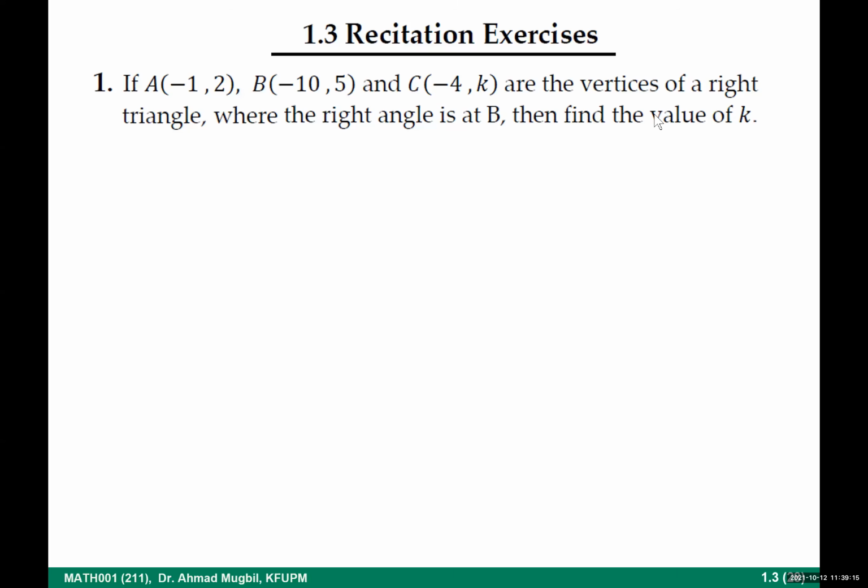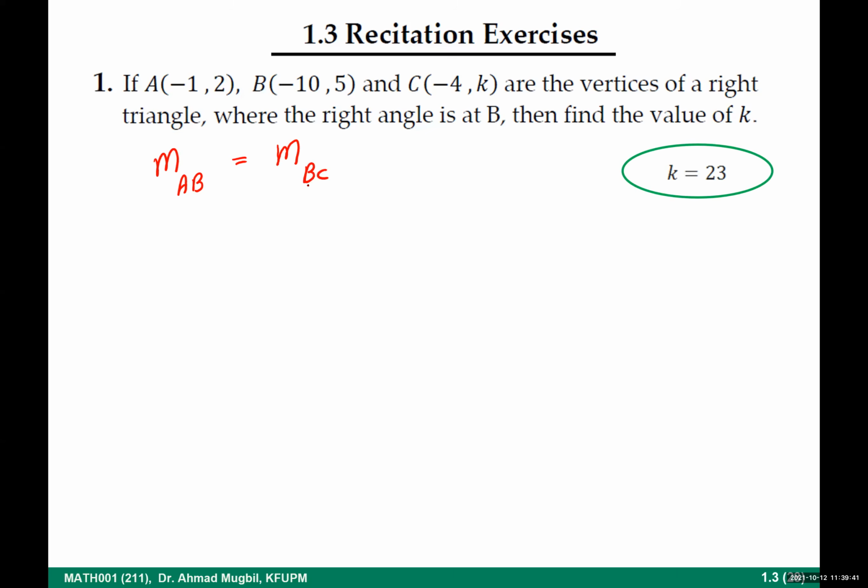Let's check if it is 23. It is 23. Okay, I will give you another chance in the next exercise. Let's solve this together. So now, what does this problem say? It says that the slope, let's call it MAB, equals BC.